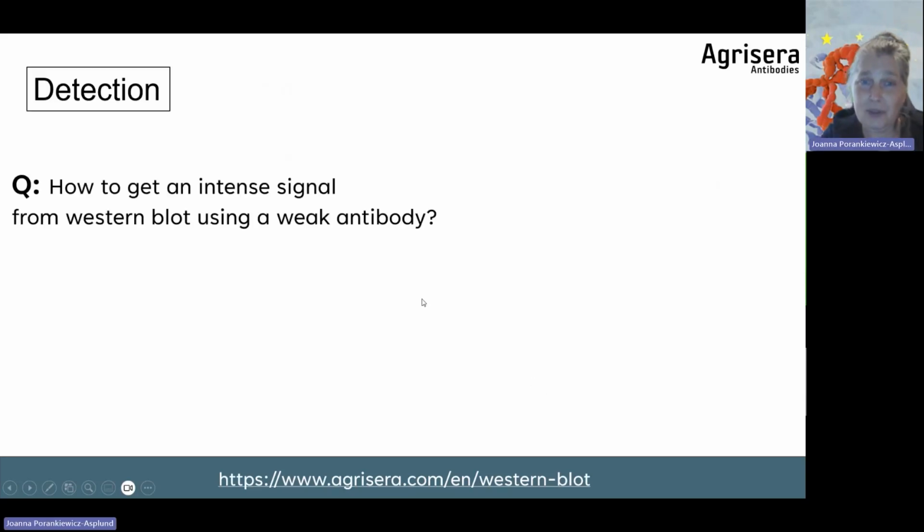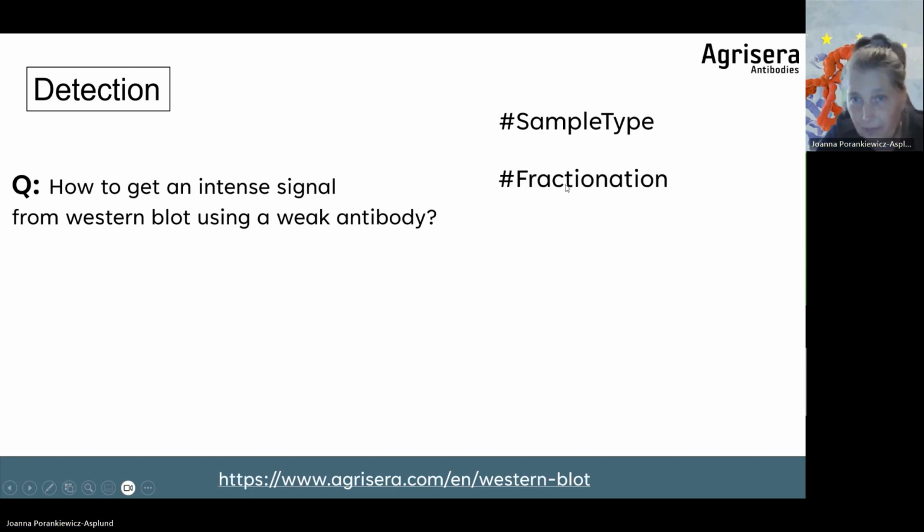When it comes to detection, I often get this question: how to get an intense signal from a Western blot using a weak antibody? Well, first you have to go to the theoretical analysis and ask yourself if you used a proper organ or tissue, if it was in need of fractionation, if your target protein was of low abundance.